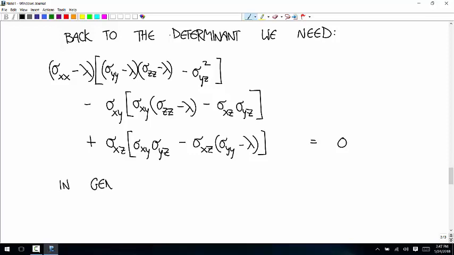In general, solving this equation is finding the roots of a cubic equation.